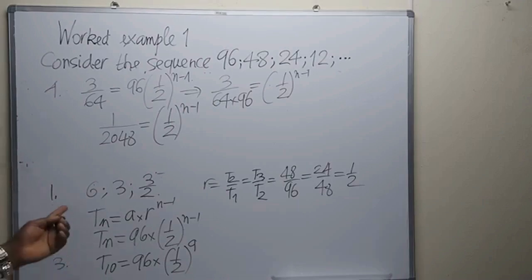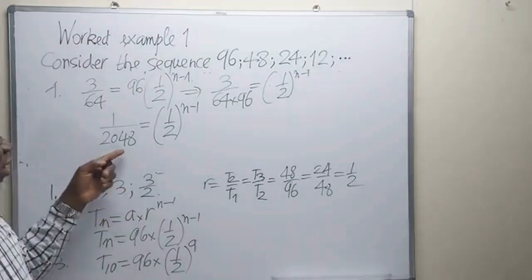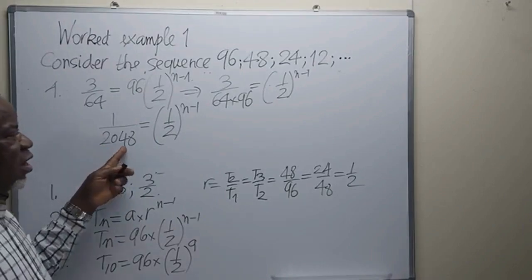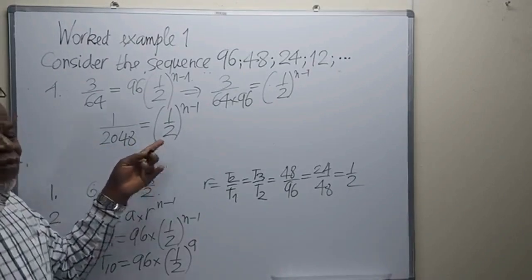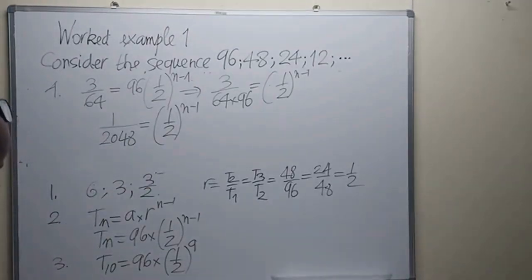So, in order for us to get the value of n, we need to express this 1 over 2048 as a power of 1 over 2. This is what we're going to try and see. 2 to the power of 12, 2 to the power of 11.